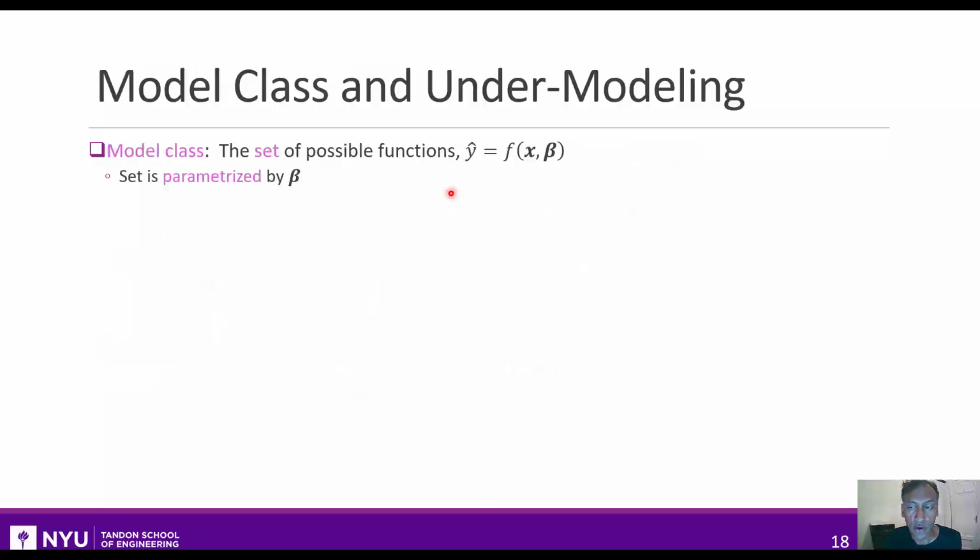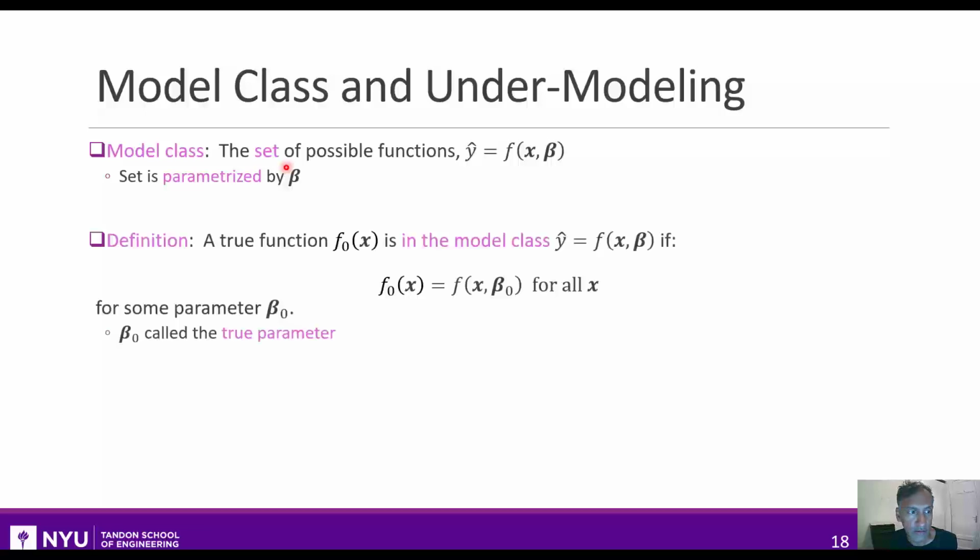Okay, to go on, I still want to talk a little bit about this irreducible error term. To do this, I want to define a term called the model class. The model class is simply the set, if you like, of all possible functions parameterized by this beta. So this is not a particular function, it's a set of functions, like, say, the set of all polynomials of a certain degree.